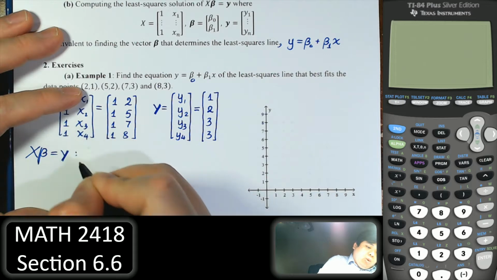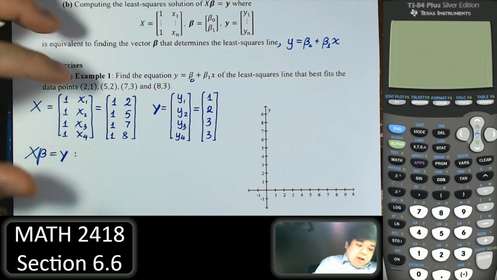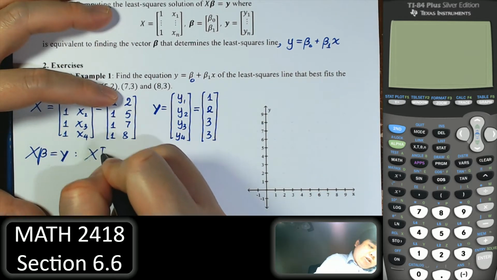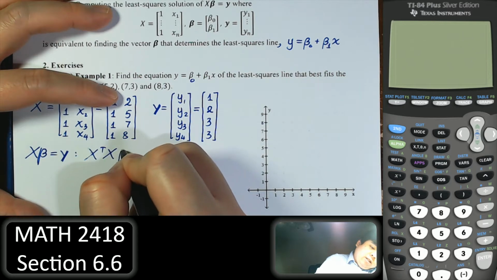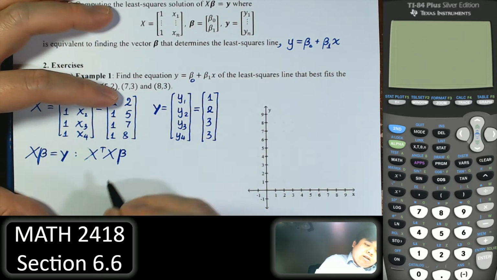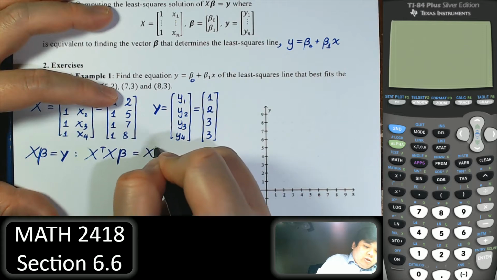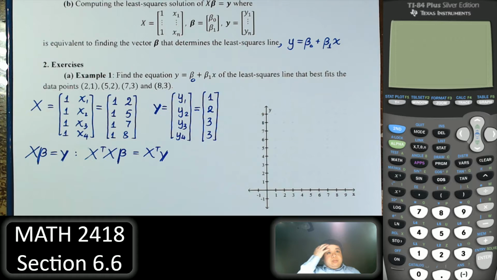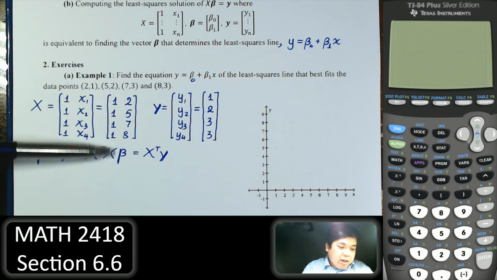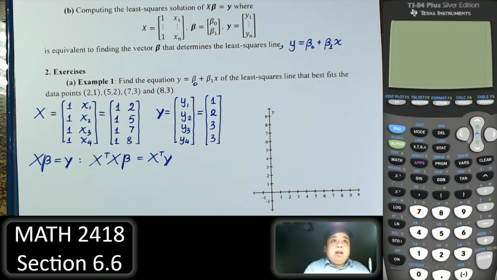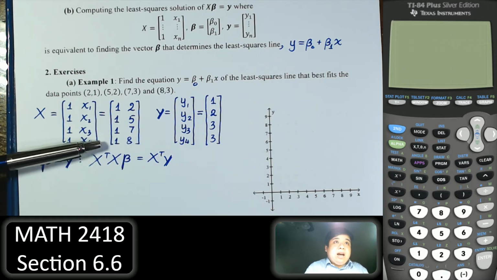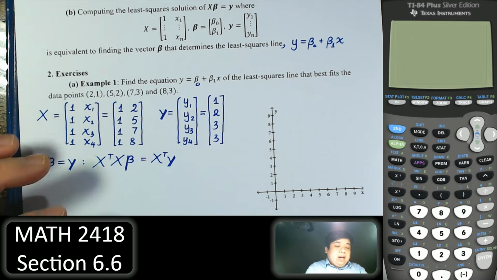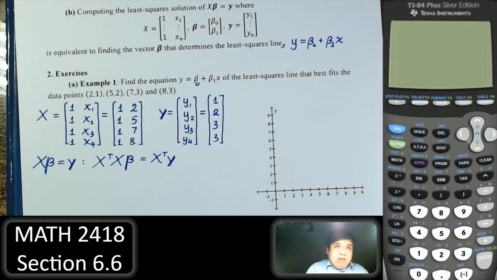Equivalently, we will solve the normal equation x transpose x beta vector equal to x transpose y. And once again, the columns of x are linearly independent because they are not multiples of each other, so we know that x transpose x is going to be invertible, and we can just use the pseudo inverse.